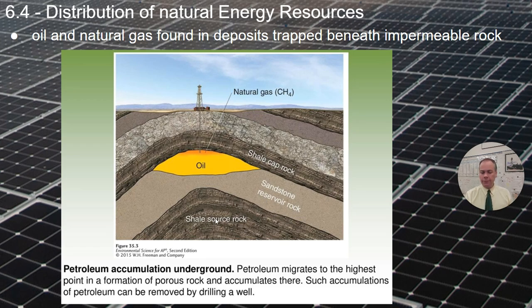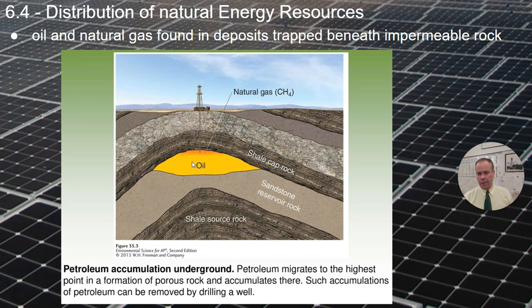So the shale, that's the source of the oil, it moves through the sandstone, but then it gets to this impermeable layer. So here we have a cap. This is impermeable and holds the oil and natural gas and contains it.